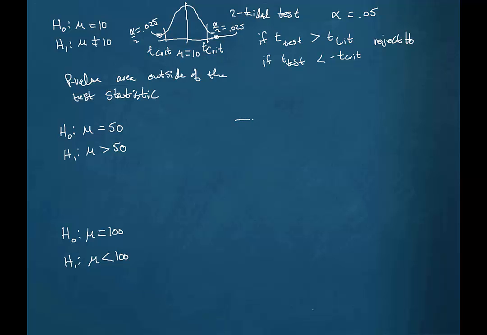Well, let's draw another curve here that we have a little more space to draw in. And let's do this two-tail thing again. So let's say we have critical values here, and the test value winds up out here somewhere. Well, the area outside of this test value would be the p-value.